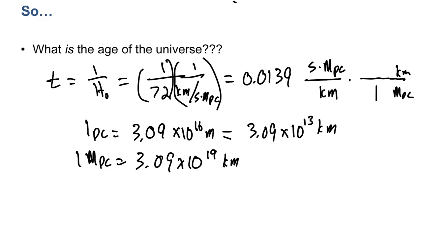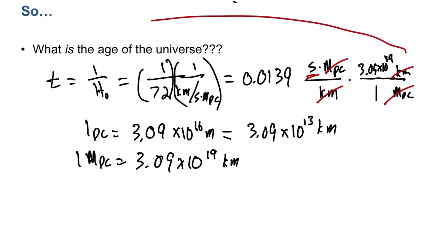So I know that 1 megaparsec is equal to 3.09 times 10 to the 19 kilometers. And now my megaparsecs cancel out, my kilometers cancel out, and I'm left with seconds. So all I have to do is take this 0.0139 and multiply it by 3.09 times 10 to the 19. I'm going to do that over here.